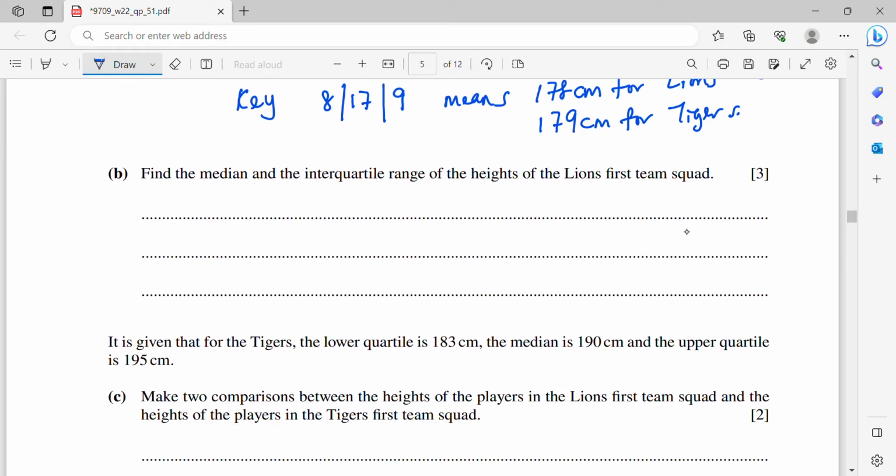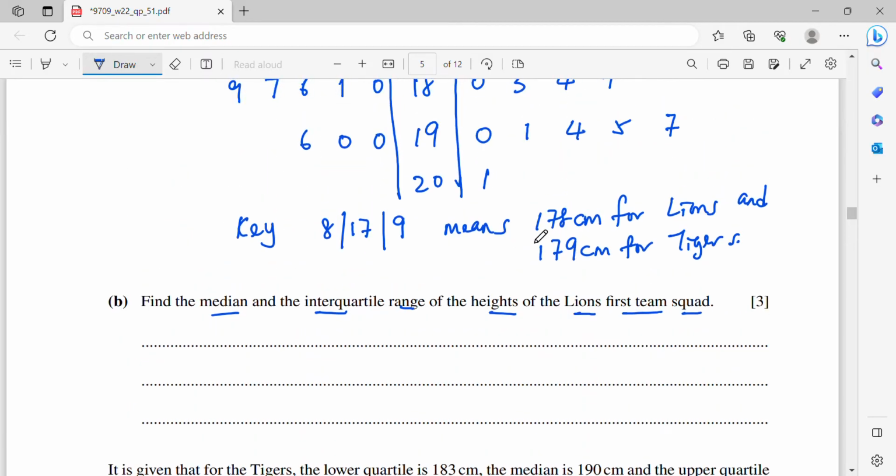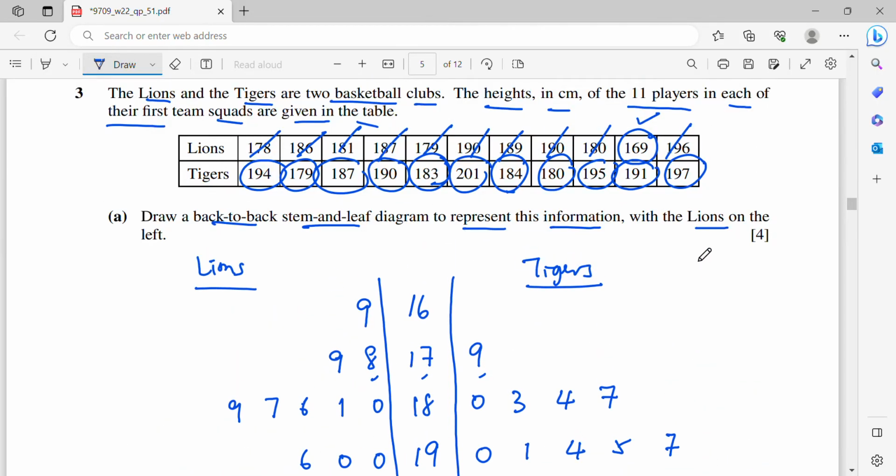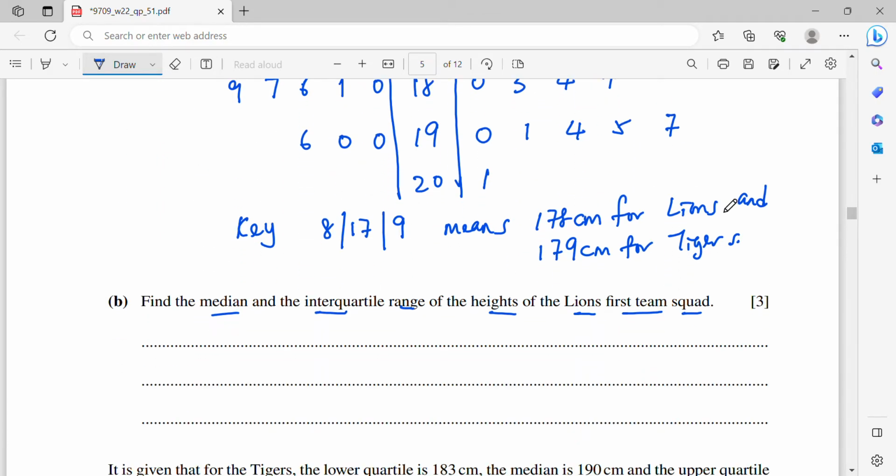Okay, now part B. Find the median and interquartile range for the heights of the Lions first team squad. So for the Lions, median. We know that there are 11 players, which means each team has 11 data. Now the median is the data with this position: half of 11 plus 1, that means 12 divided by 2, which is 6.